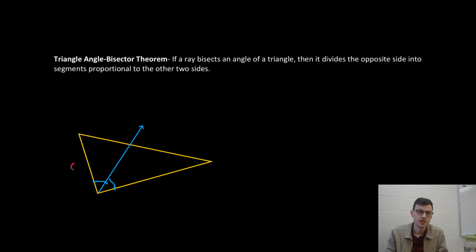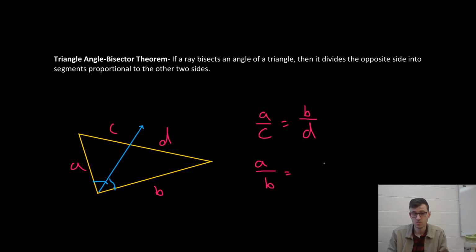Okay, length A, length B, length C, length D. A over C equals B over D. Or you could say A over B equals C over D, right? These have the same cross product, so I can say that.